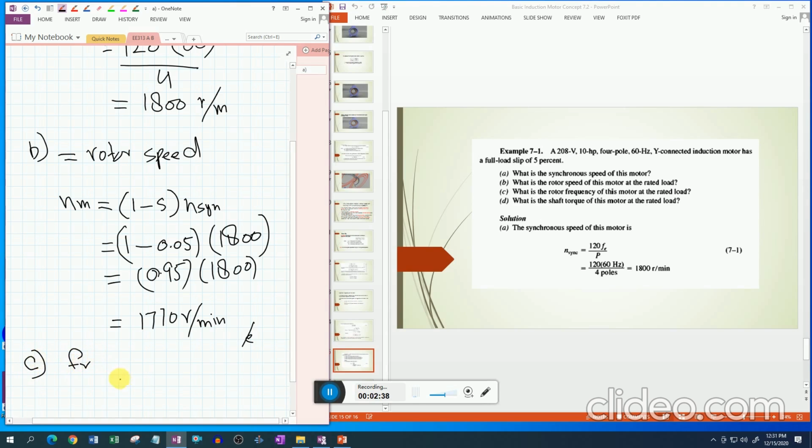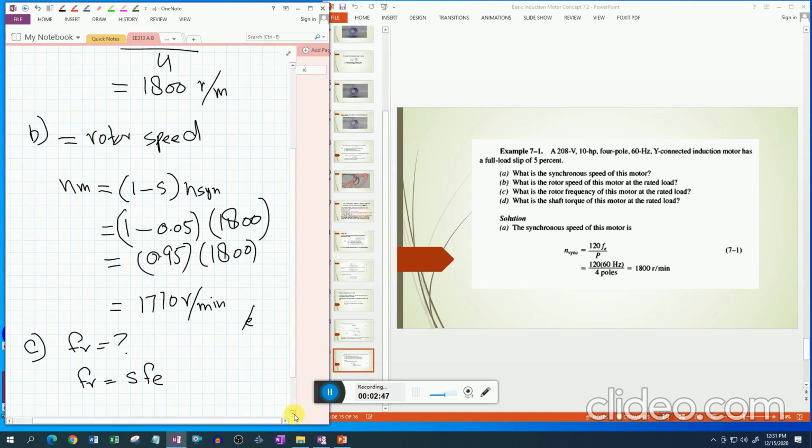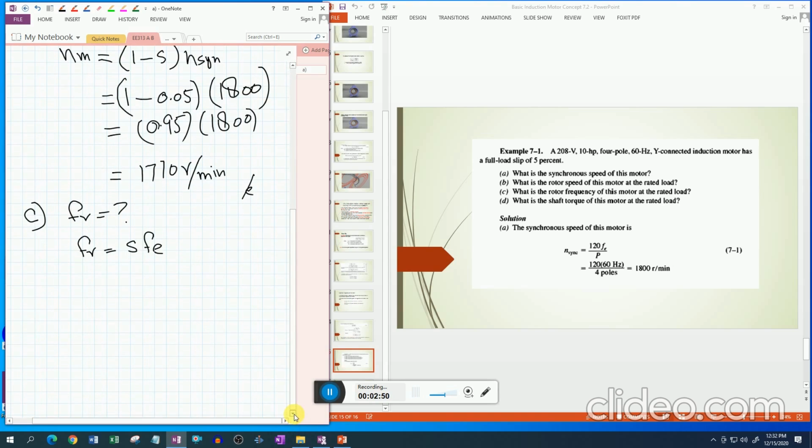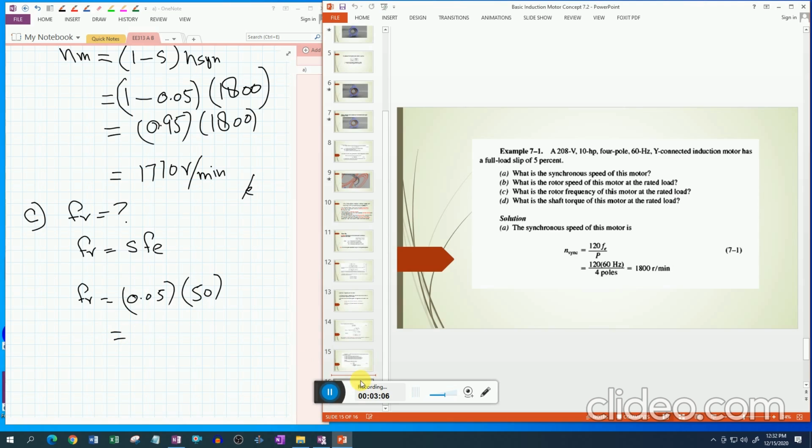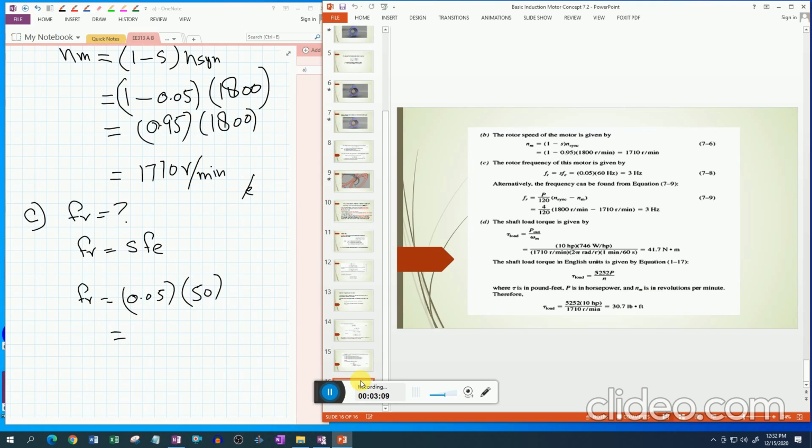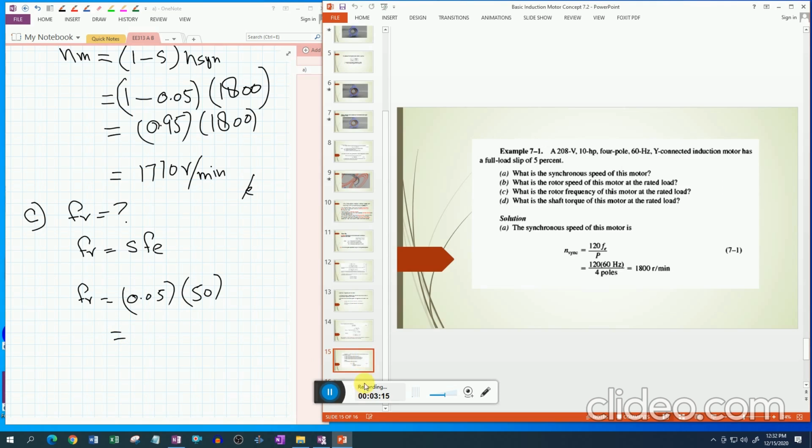Rotor frequency fr, we calculated that fr is equal to s times fe. s is equal to 0.05 and fe is equal to 60 Hz.